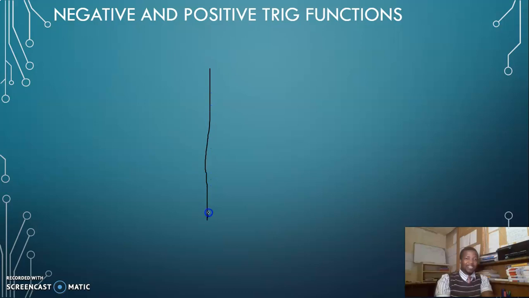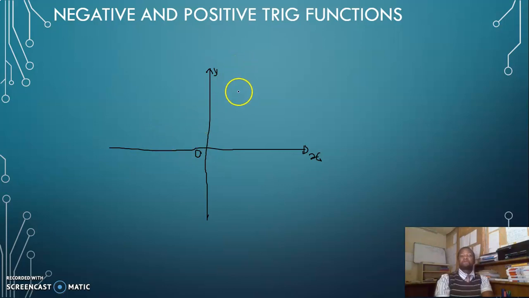We've got a line like this, which is a y-axis, and then you have another line like this one, which is what? Okay, this is the y-axis, and then this one is the x-axis, and then this is the origin 0, where everything comes from.